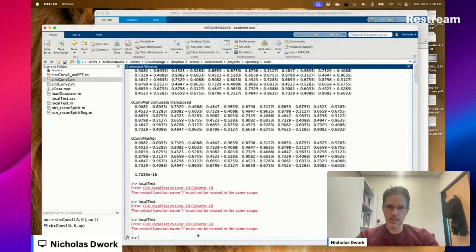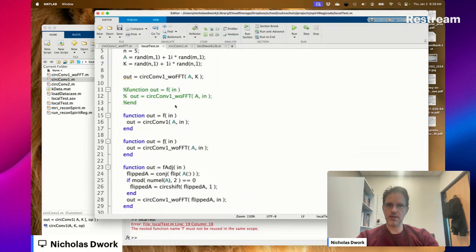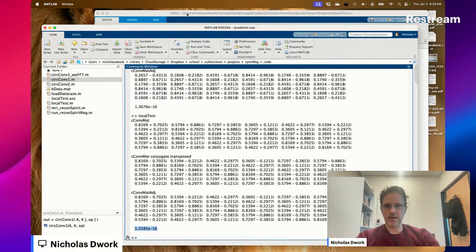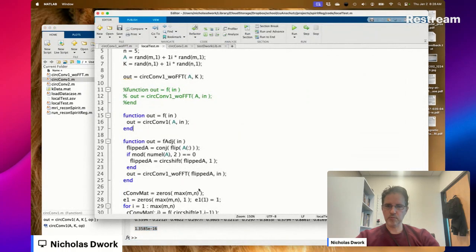Okay, why? The nested function name f may not be reused in the same scope. Did I do that? I guess I did. Okay, that's still giving me numerical precision error, so everything's working just fine.